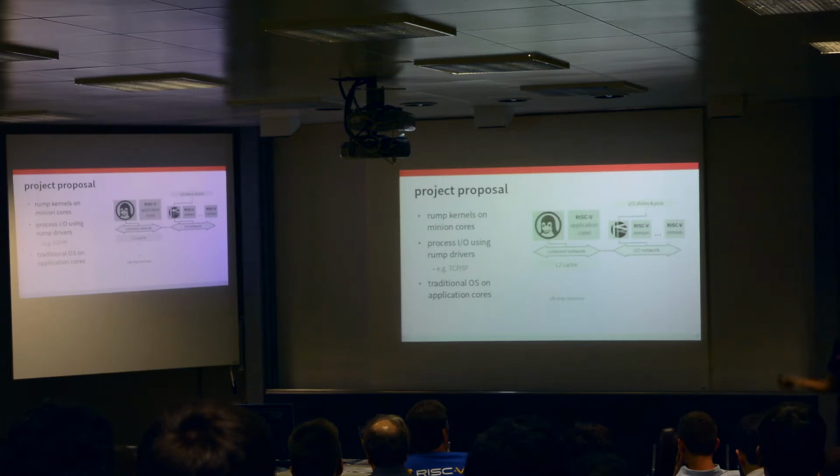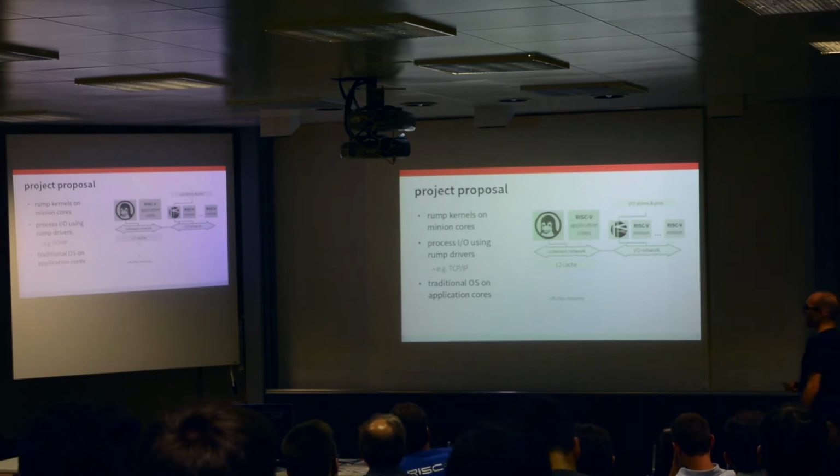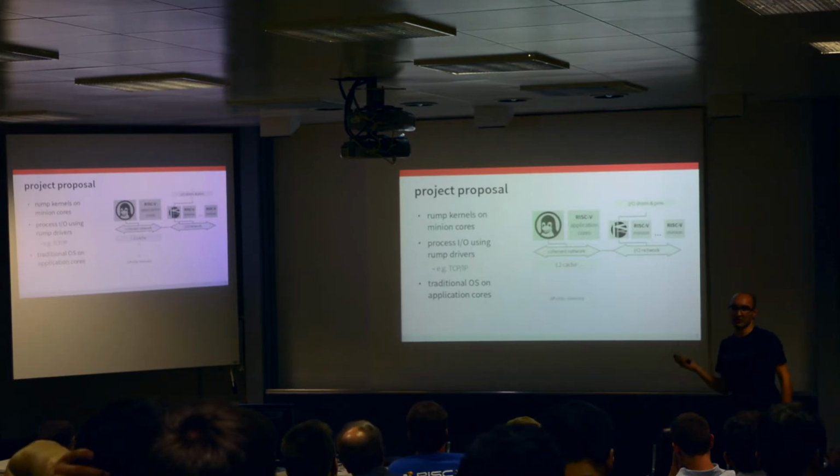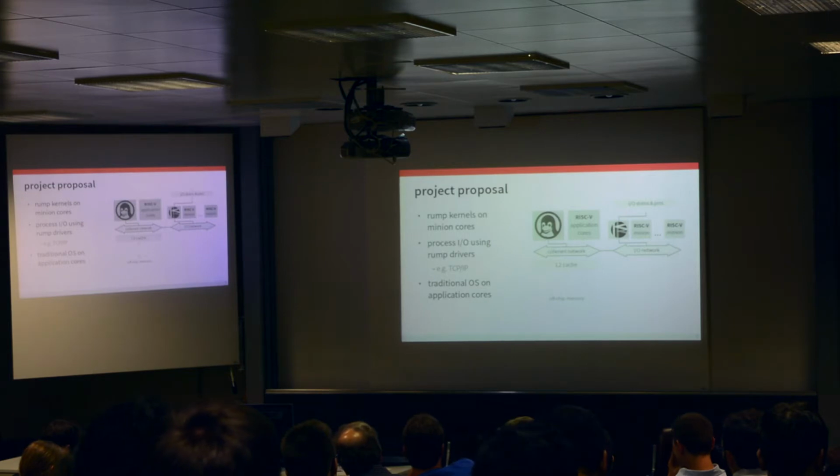I'm a computer scientist, so I think more about high-level stuff than most of you probably. The idea is that the TCP/IP is processed with the Minion core, and the application cores still run those traditional operating systems, but they can offload some work to the Minion cores.